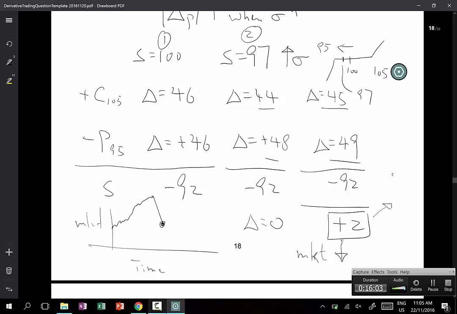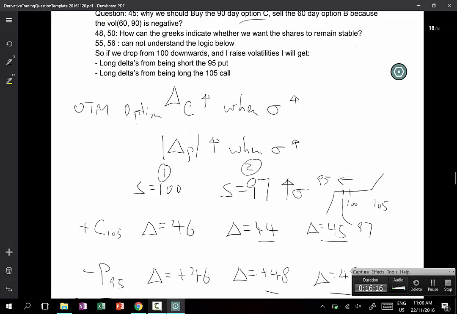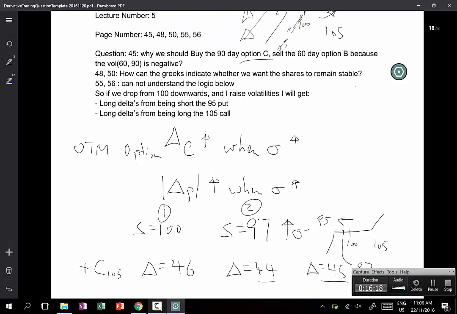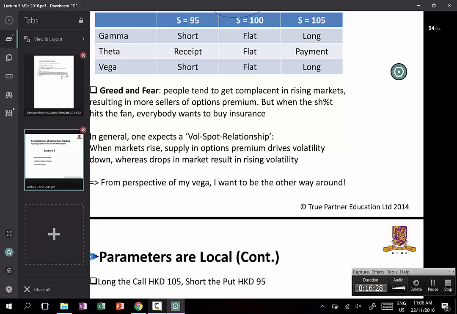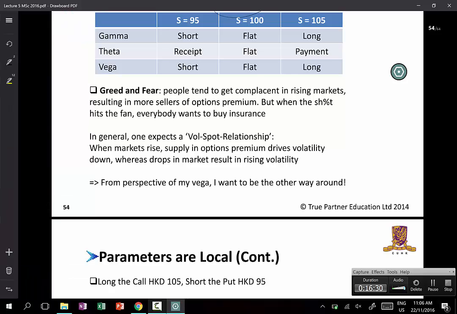You may not even have time to put on a hedge. That's the whole point. So you don't have time to put on the hedge, and then it already does this, and it falls further. That's what we mean in the question when you raise volatility and you end up being long delta somewhat, and this is really not the position you want to be in. You'd rather that it was the other way around.